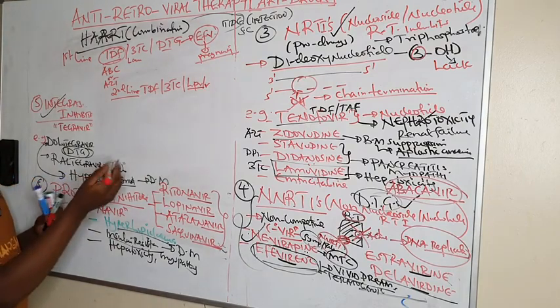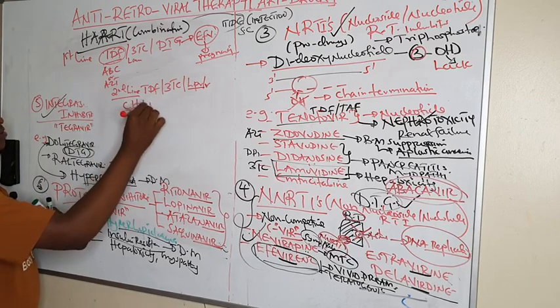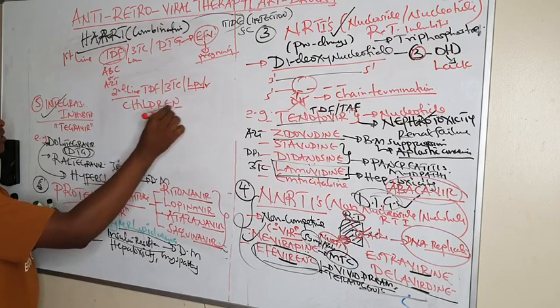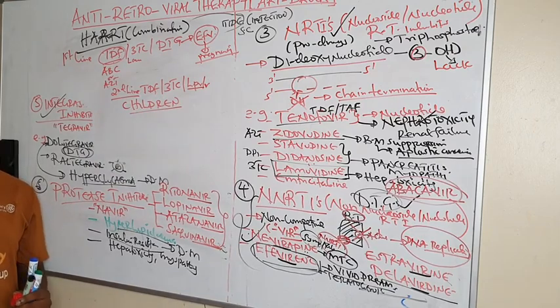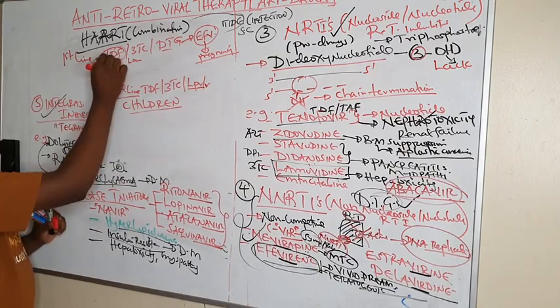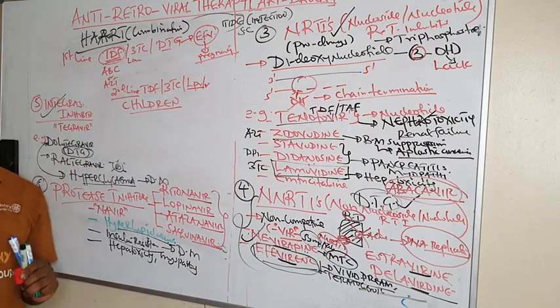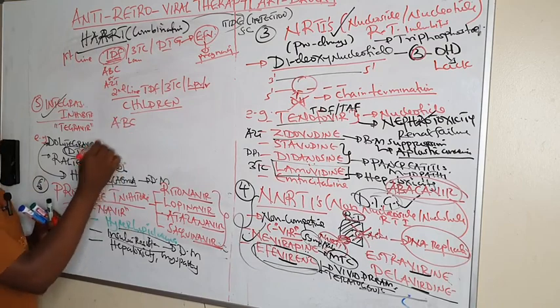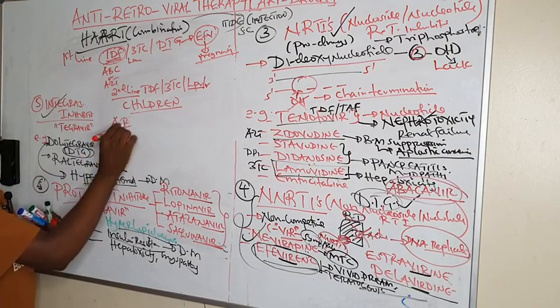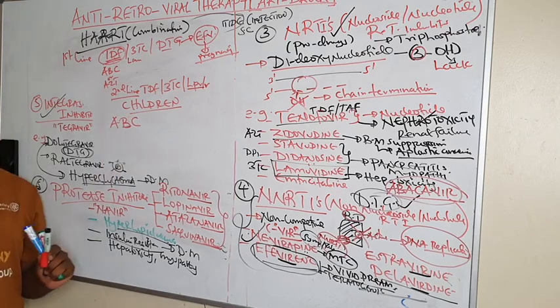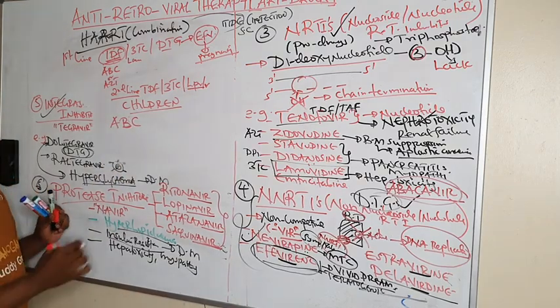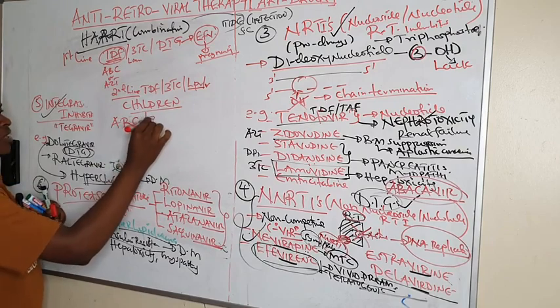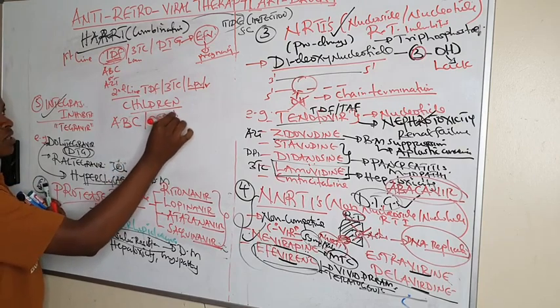Then lastly, if we want to treat children who are HIV patients and weigh below 20 kilograms, instead of giving tenofovir, which causes nephrotoxicity, we replace it with abacavir. Abacavir is the best drug being utilized in children with HIV, where you combine abacavir together with lamivudine, together with dolutegravir.